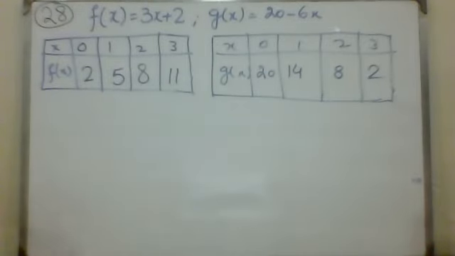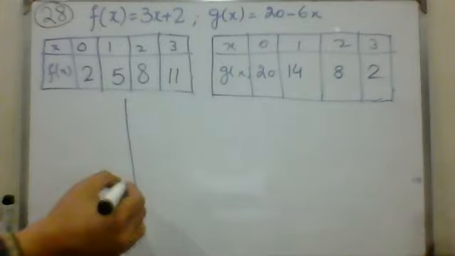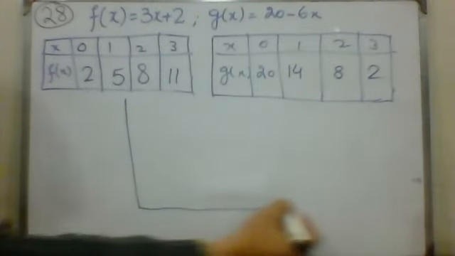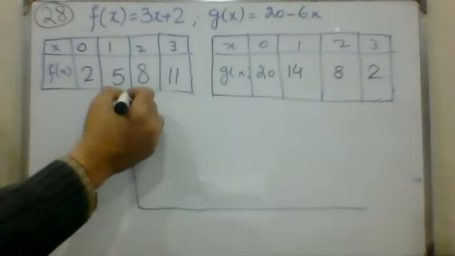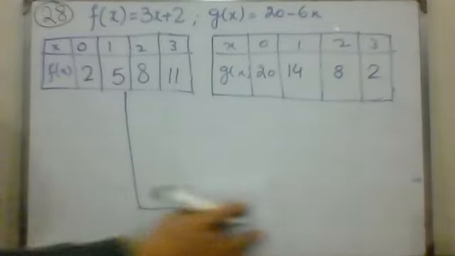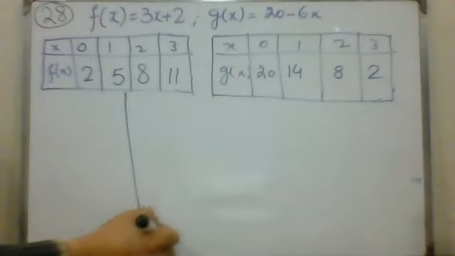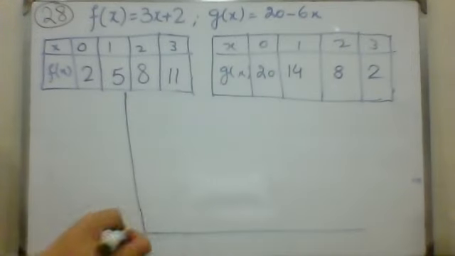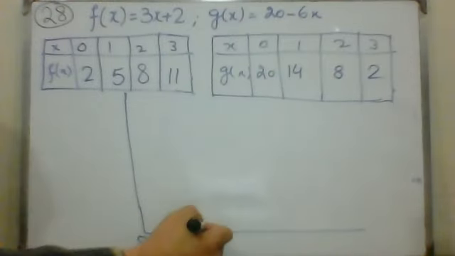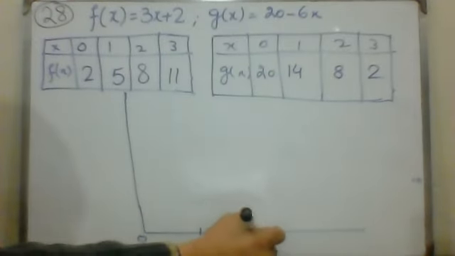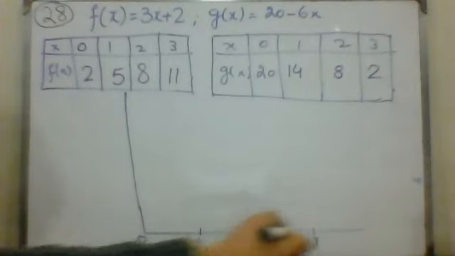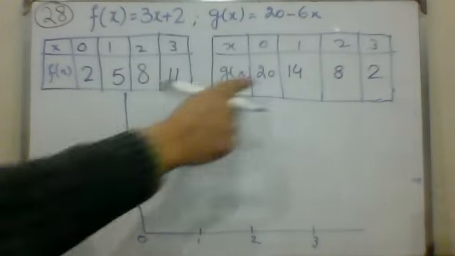Now sketching that here: 0, 1, 2, and 3 on the x-axis, and the value of the answer goes up to 20.